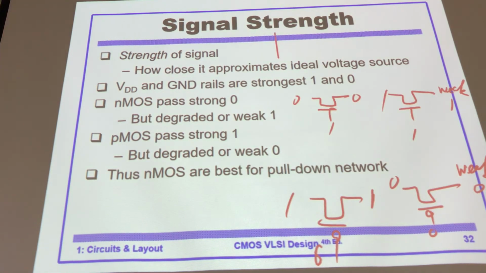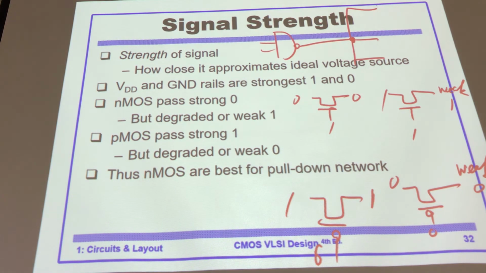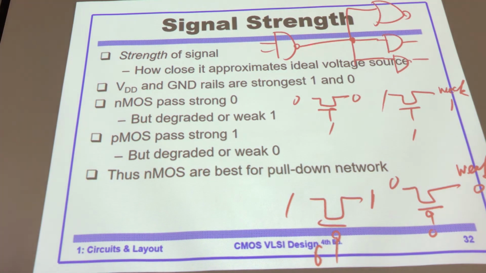If it's a gate output, and it's going to connect to more than one gate, if this gate output is connected to 3 different gate inputs, we call that fan out.